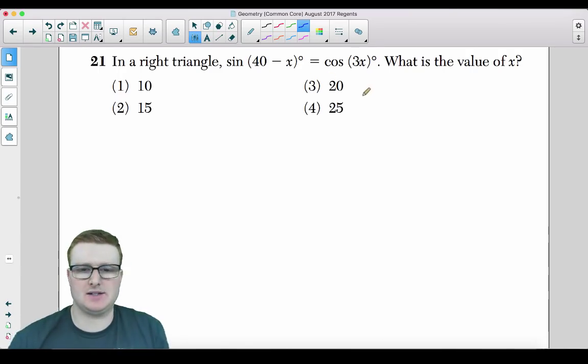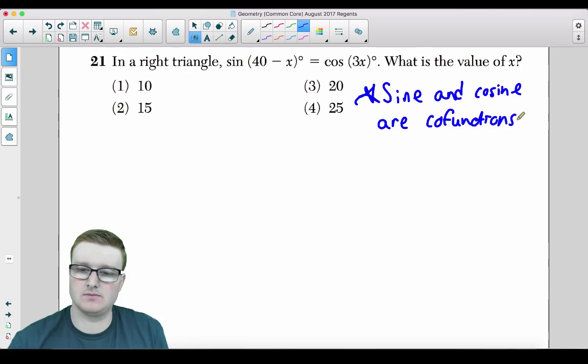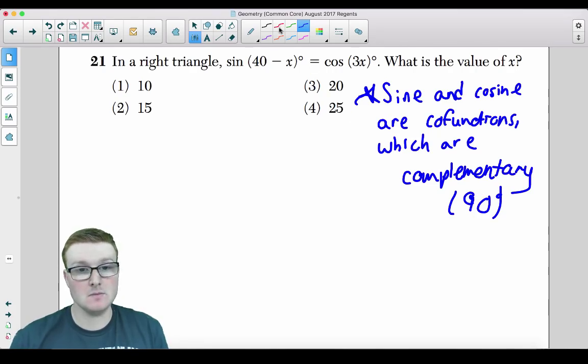So you need to know this fact. Pretty important fact. If you don't know it yet, I suggest that you learn it. Sine and cosine are cofunctions which are complementary. Complementary means 90 degrees. So what you need to do is very simple.